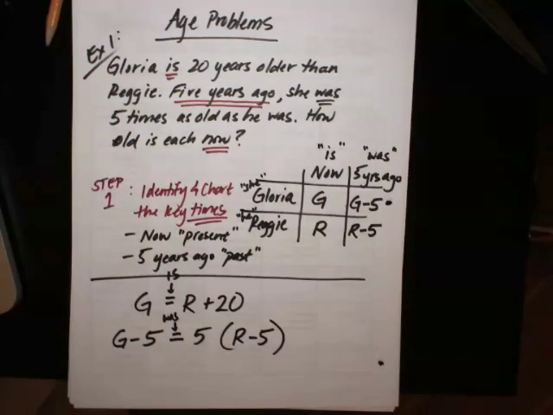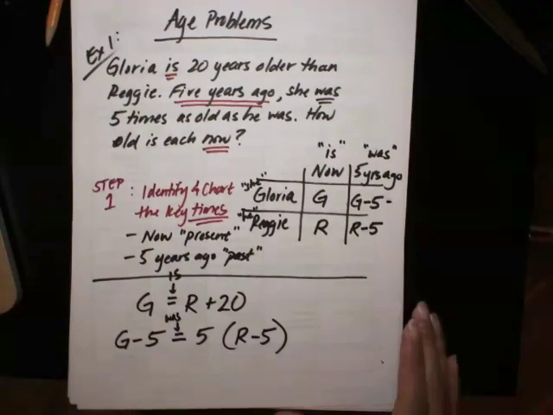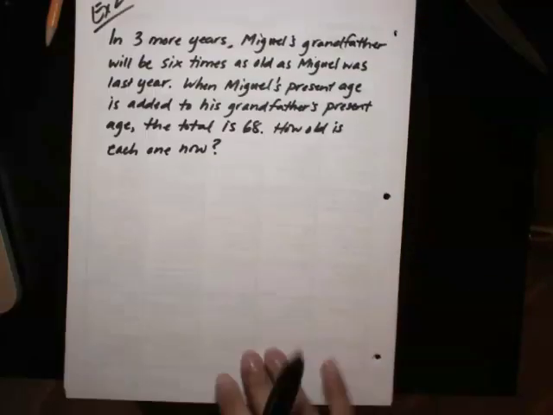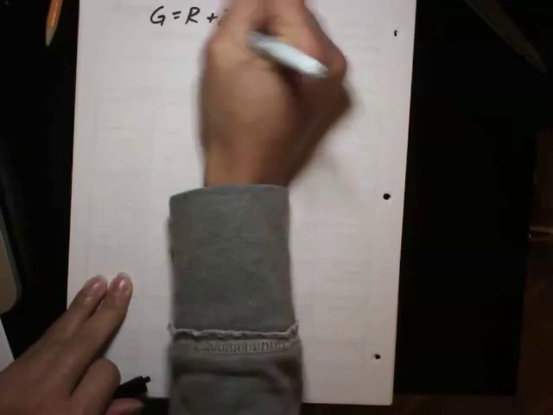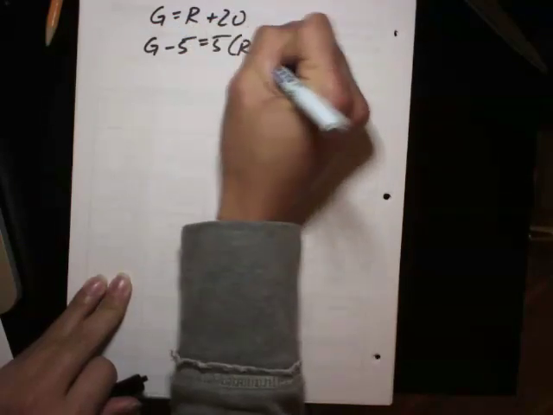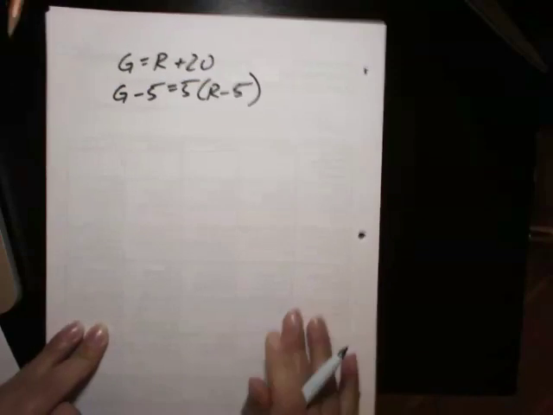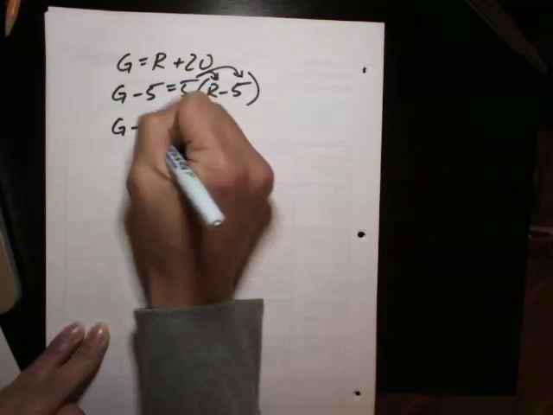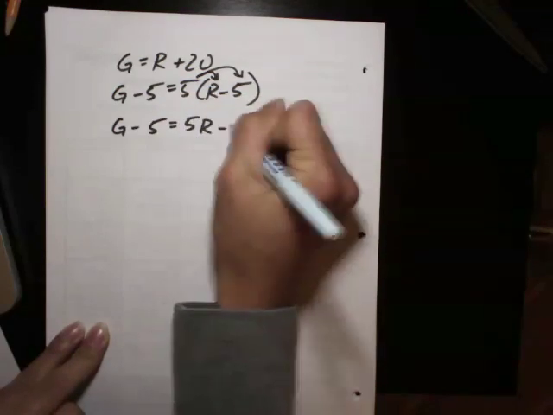Now, we have 2 equations and 2 unknowns, and we can solve for the age of Gloria and the age of Reggie. So your 2 equations so far: G equals R plus 20. You also have G minus 5 equals 5 times R minus 5. I know I'm going to need to distribute, so let's do that first: 5R minus 25.